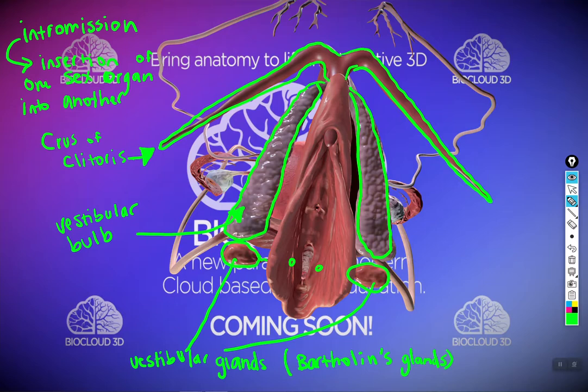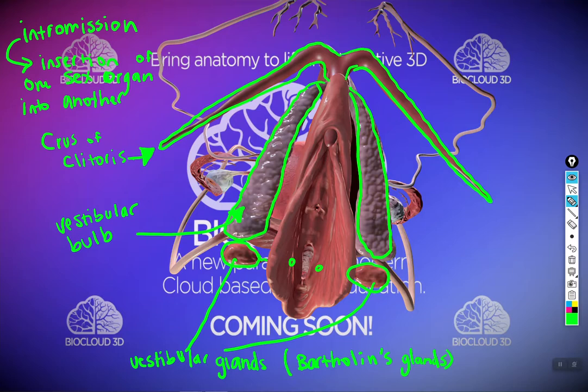So the vestibular glands, during the arousal phase, will make this sort of clear, mucousy, but also very slippery secretion that just helps to lubricate the passage of the penis through the vaginal orifice and help intromission actually be achievable. So that's what they're there for.